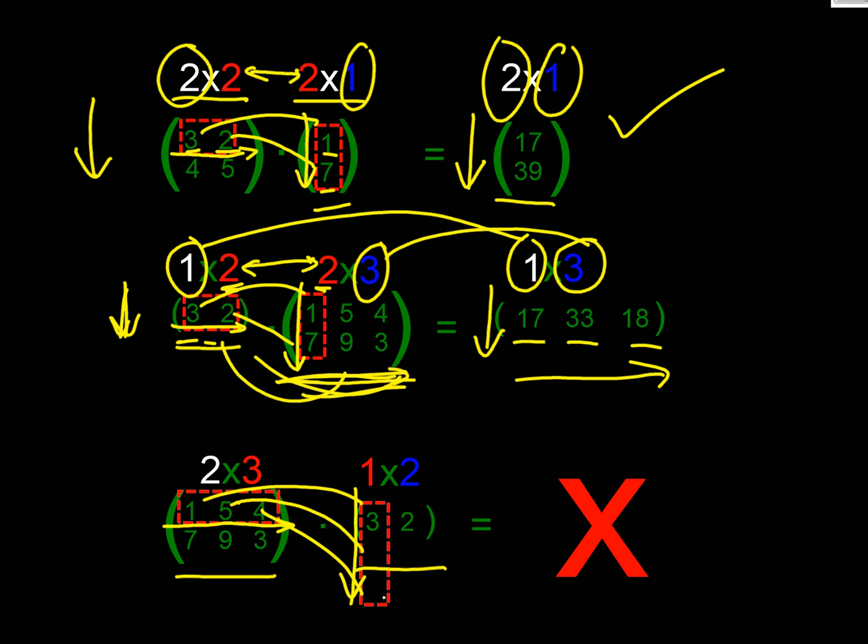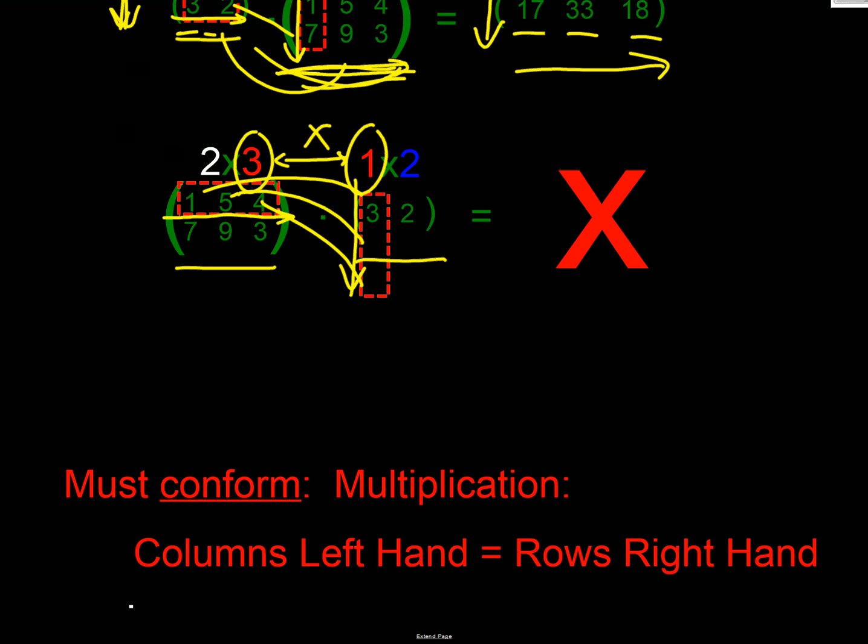Now I can't do that, because this 3, the number of columns in my matrix over here, doesn't match with the fact that I've only got 1 row there. So that doesn't work. So this must be the same. So the number of columns in our left-hand matrix must equal the number of rows in our right-hand matrix for us to be able to do multiplication.